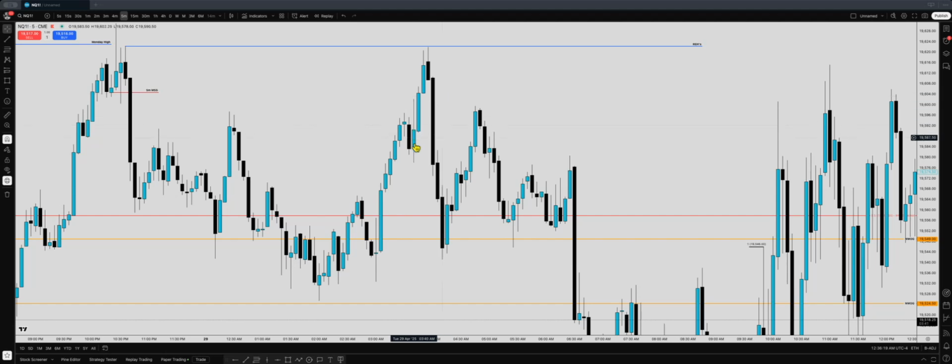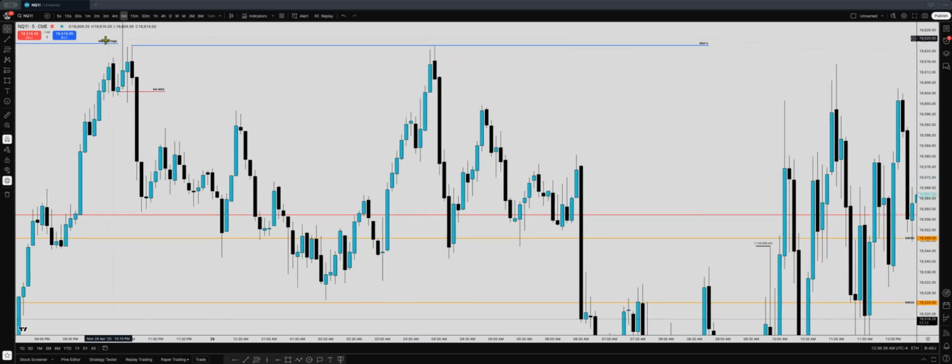So again, here we are. We have 1, 2, 3 bullish candles. We don't quite take out the liquidity, but what's interesting to me is that we left relative equal highs and then we displaced really quick. So even though it didn't take out liquidity, I would still reference this as taking out the liquidity from the high.